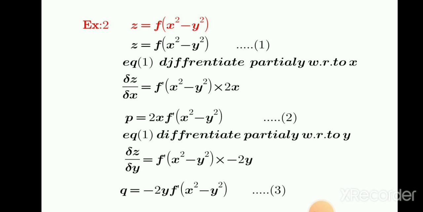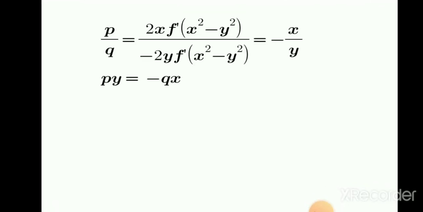Del z by del y is the partial differential coefficient denoted by q, therefore q equals minus 2y f dash of x square minus y square.